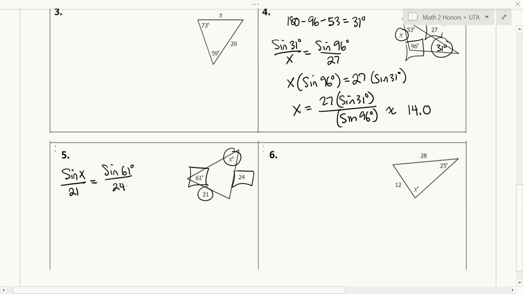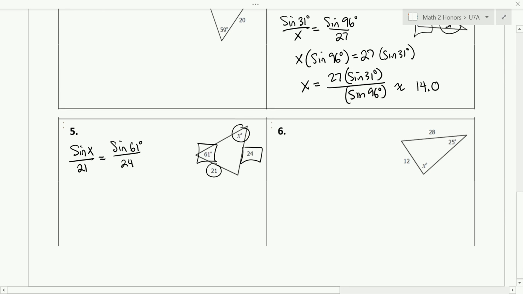God bless you. All right, what would you do after that? Cross multiply, so 24 times the sine of x is equal to 21 times the sine of 61.